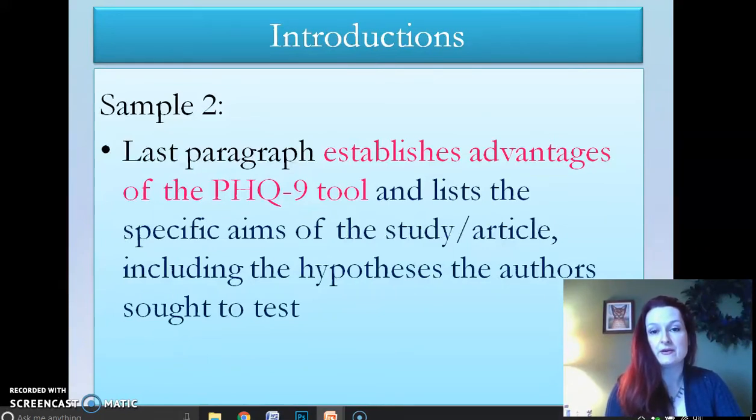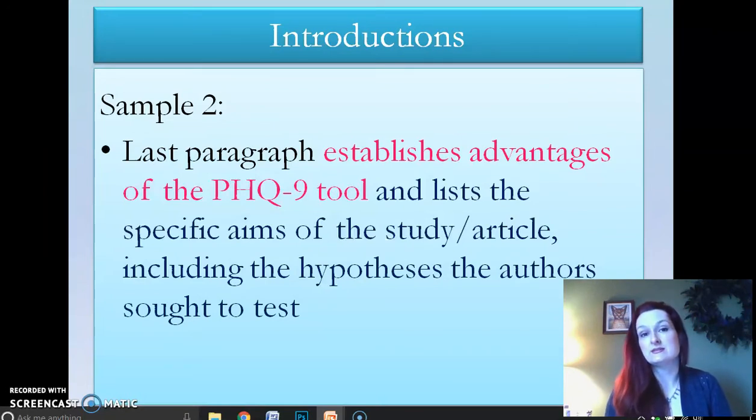So moving on, the last paragraph establishes the advantages of the PHQ-9 tool, and then lists the specific aims of this study, which includes, of course, the hypotheses that the authors sought to test out. So you see, we've brought up the background, we've brought up how many people have heart failure, that depression and heart failure often go hand in hand, that despite the fact that depression is common in heart failure patients, and despite the pretty serious consequences of depression in heart failure patients, this often goes undiagnosed and untreated.